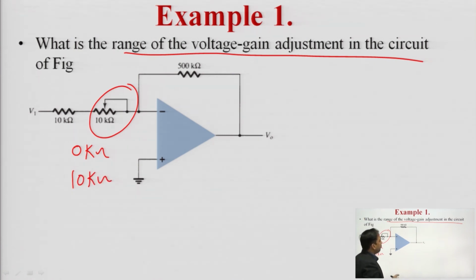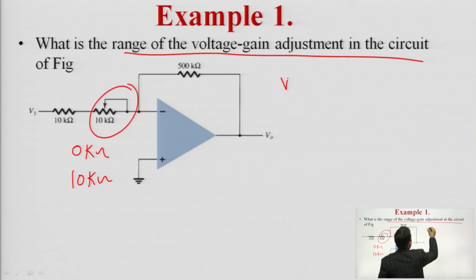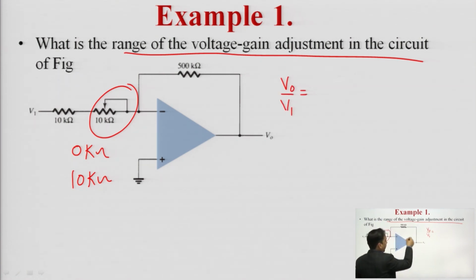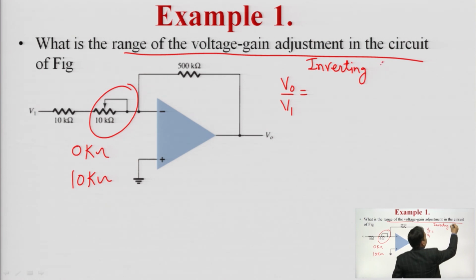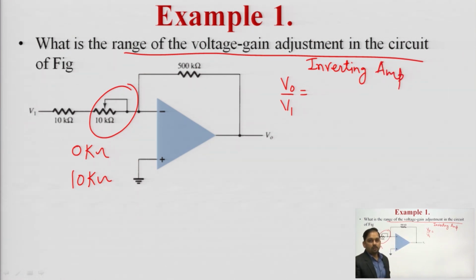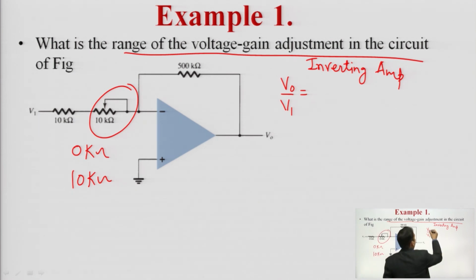Correspondingly the gain, which is V0 by V1, since it is an inverting amplifier, is V0 by V1 equals minus RF by R1.